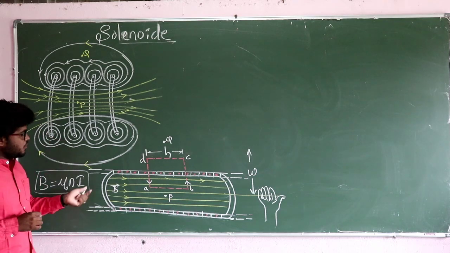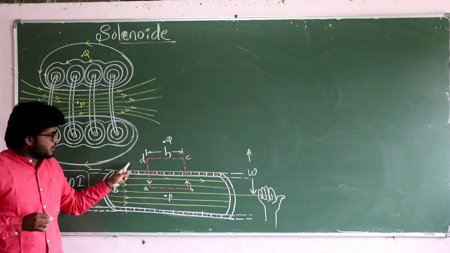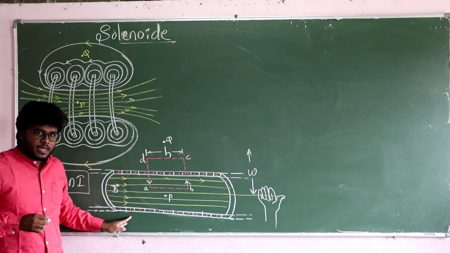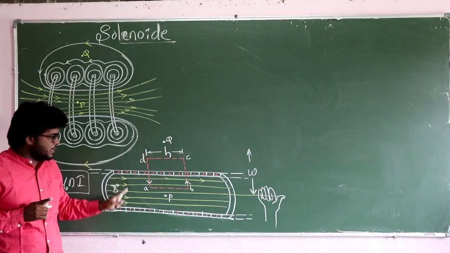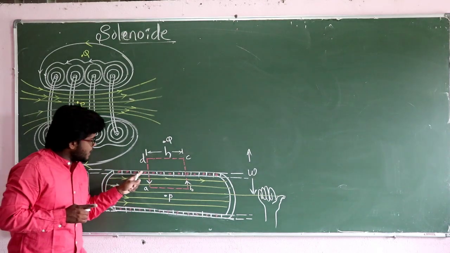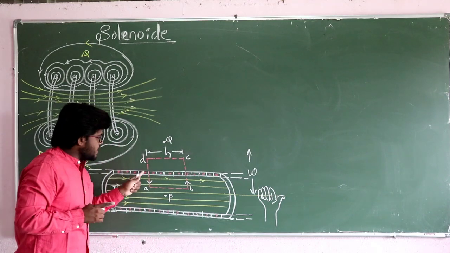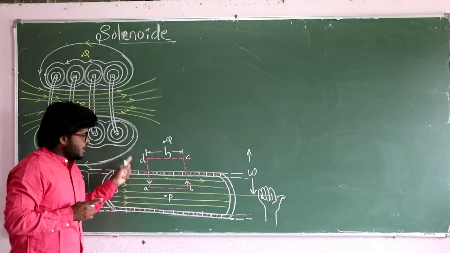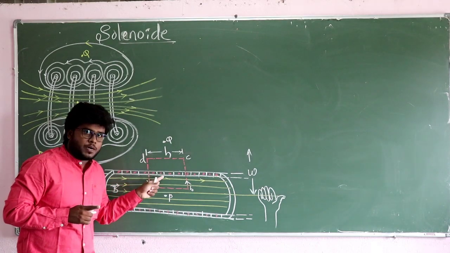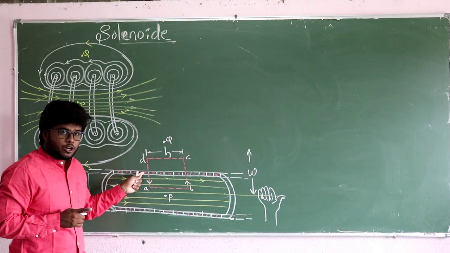For the derivation you have to draw this particular diagram. Okay, for the derivation you have to draw this diagram. Remember this. Where these dots represent the direction of the magnetic field perpendicular to the plane of the paper, directing outwards. Dots.